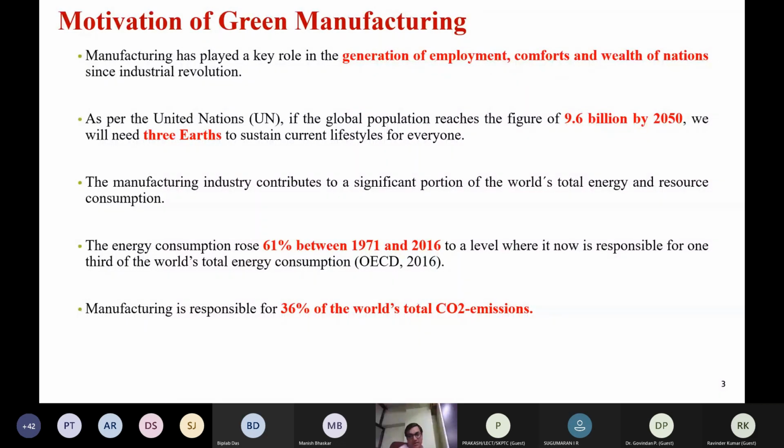That is one concern. That's why it forces us to think about green manufacturing. How should we save our resources? That means how can we make the product with limited resources. This kind of fundamentals would be given by the concepts of green manufacturing.